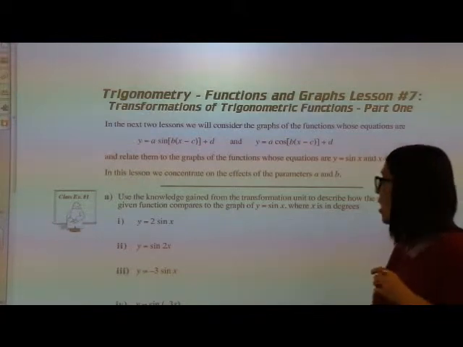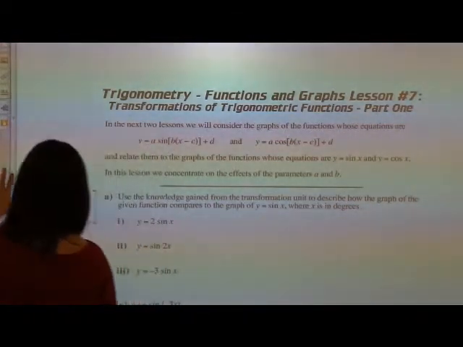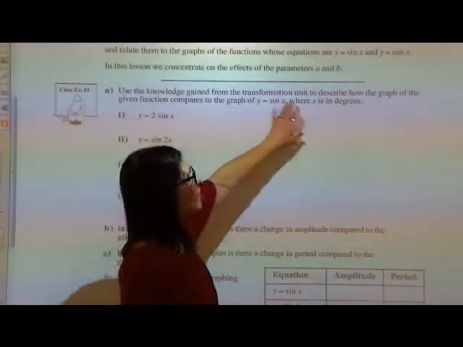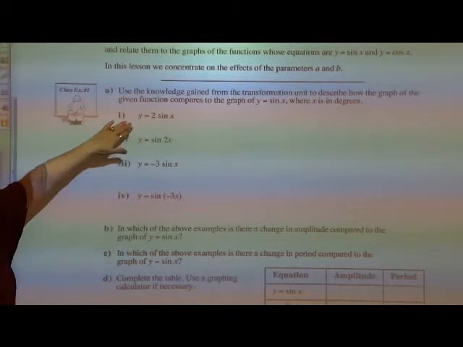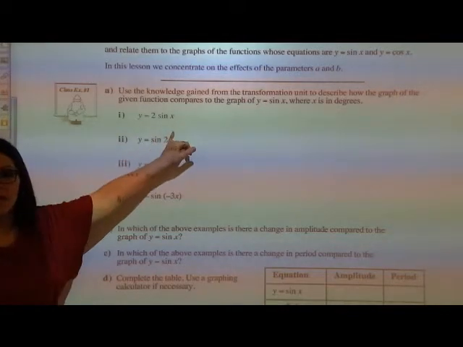So if we use the knowledge gained from that transformation unit that we did way back in September, if I have the graph of y equals sine x and I now compare it to the graph of y equals 2 sine x, what replacement did I make to this graph?